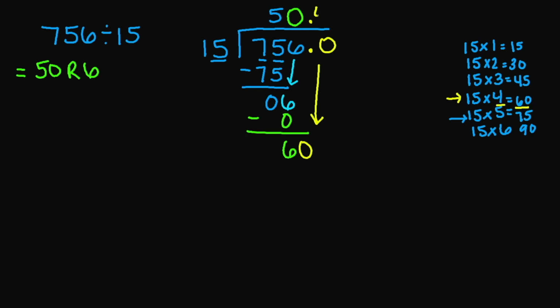So I'm going to write a 4 up here. 15 times 4 is 60. 60 minus 60 is 0. So your decimal format is 50.4. Okay? And then your remainder format is 50 with a remainder 6. And this is your quotient.